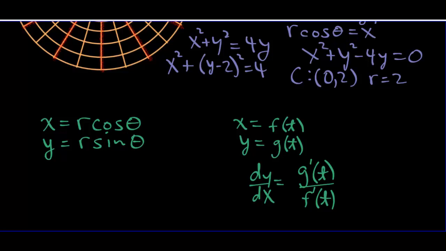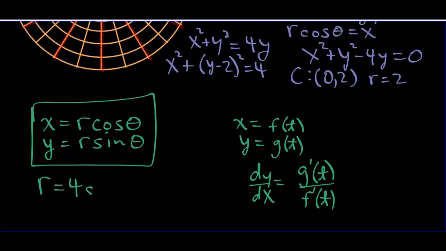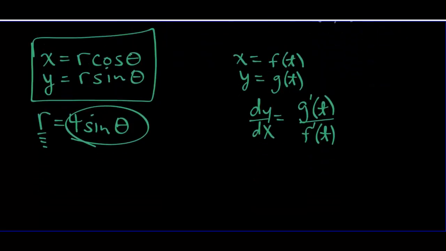Now, we've got this relationship, and for our particular problem, we've got r is equal to 4 sine theta. We've been given what r equals. So let me use what I've learned about finding dy/dx with parametrically defined curves and see if I can use it here.